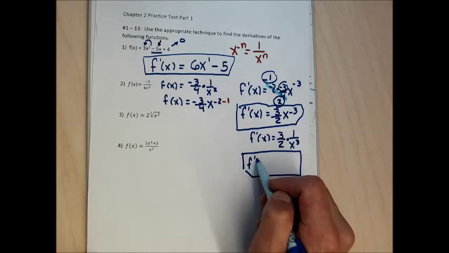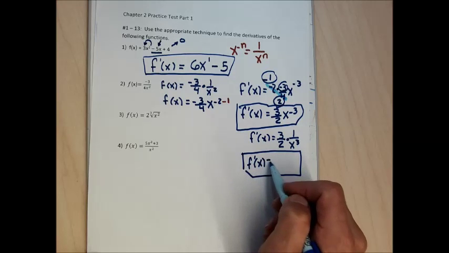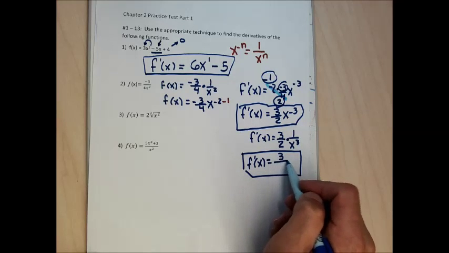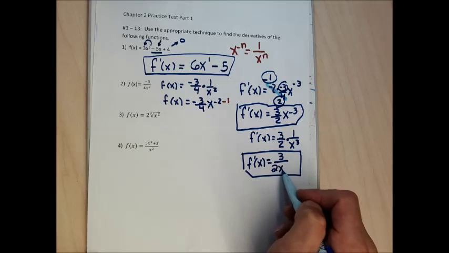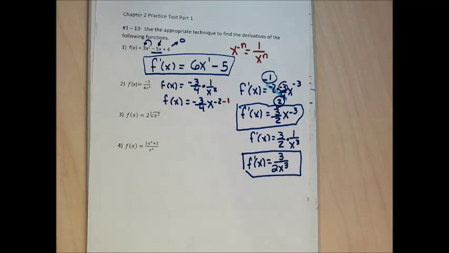This is probably the better answer, but I live with the first one that I have boxed. But if you would have written 3 over 2x cubed for the derivative, that's a better derivative than the first answer. For problem 3, I'm going to have to rewrite that before I take the derivative.